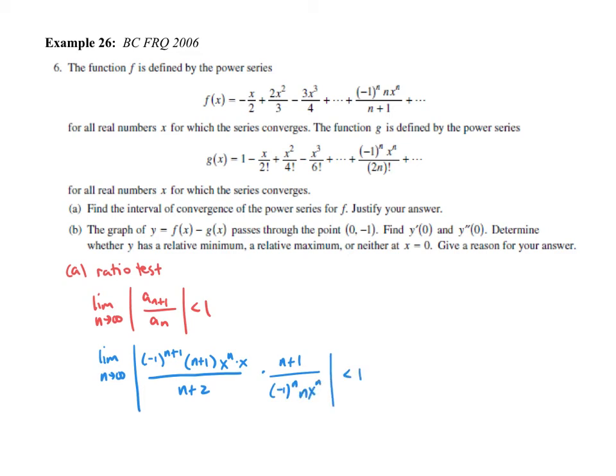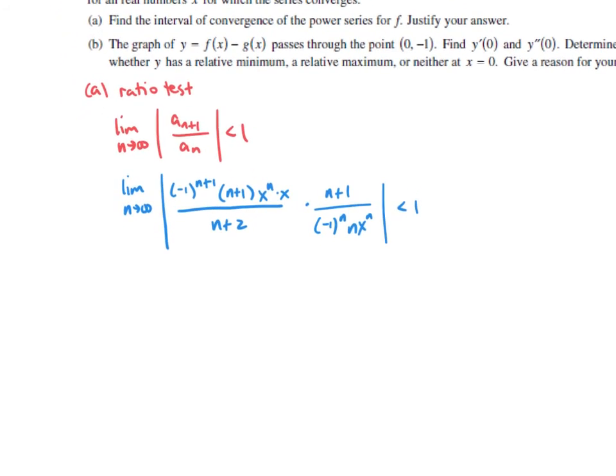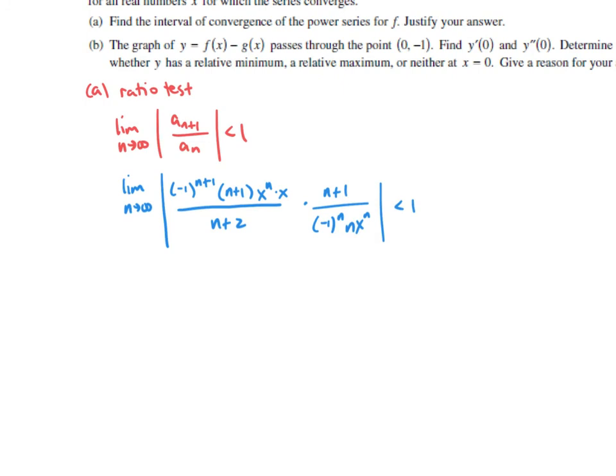And again, we're going to let this be less than 1. As we look at this limit, we can cancel a variety of things. Number one, the negative 1 or positive 1, no matter what that is, we're taking the absolute value, so that's going to just cancel to 1. We have x to the n canceling.